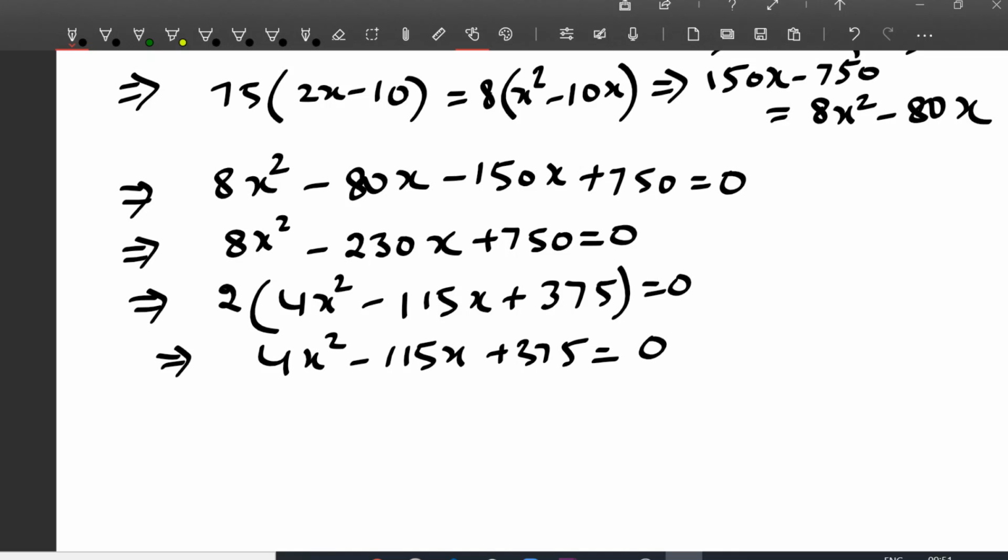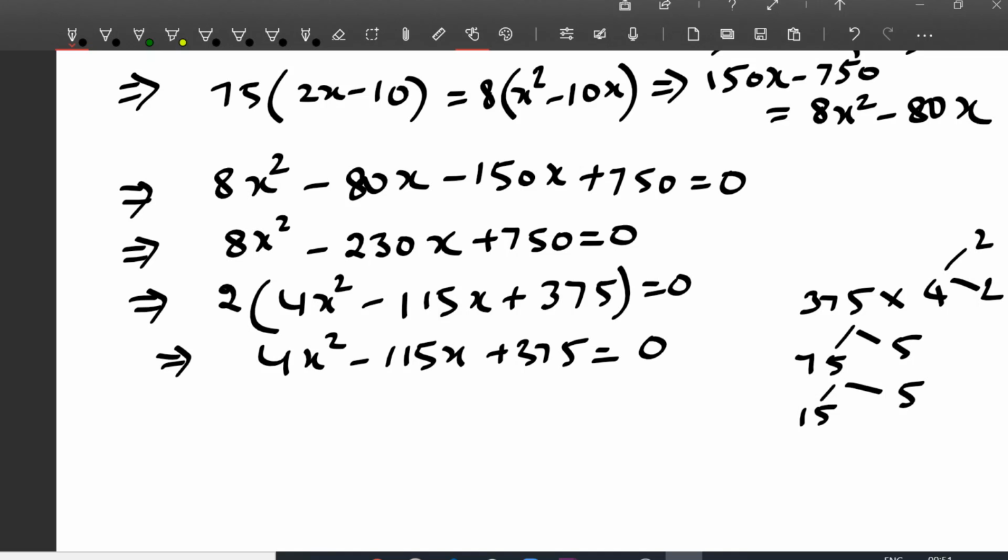So we can see that the 4 and 375 has to be multiplied. Okay, so these are the factors. 7 5s are 35 and 5 5s are 25. So when you take 5, again you can see units place having 5 there. So 5 1s and 5 5s and 5 3s.